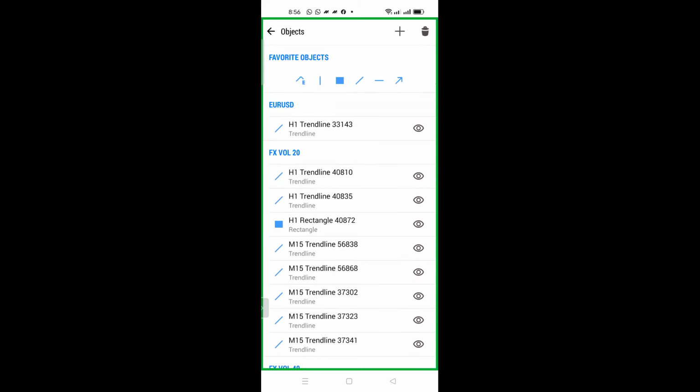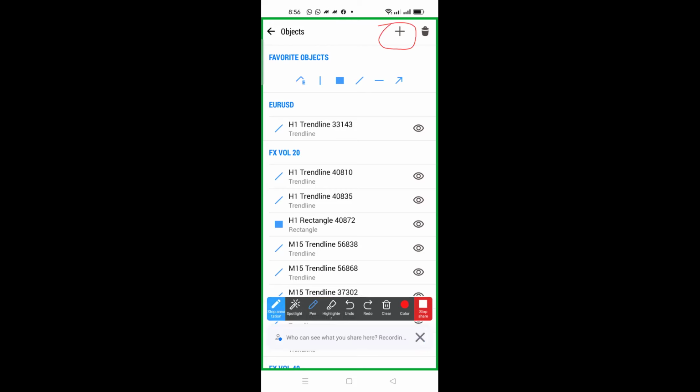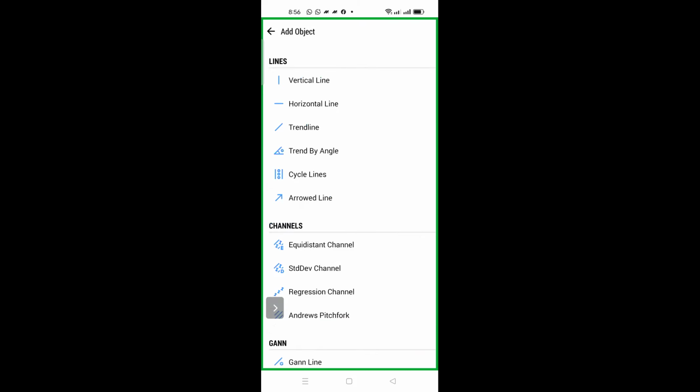Object, you see this plus on top. You click on it, it will show you everything you need to see, and you click on the one you are looking for. Can you see all of them?